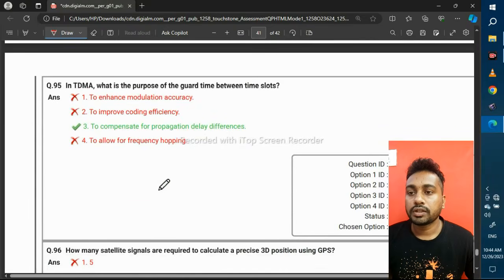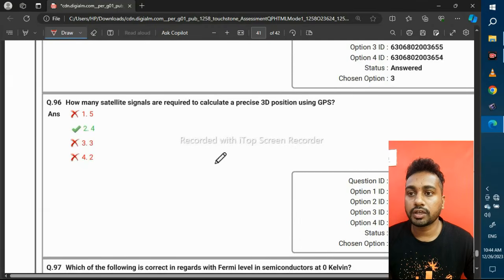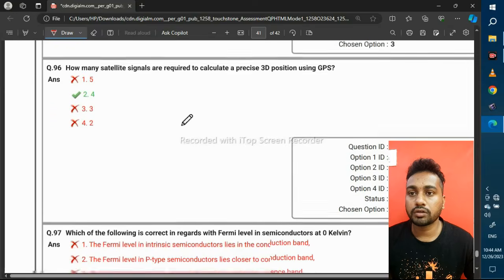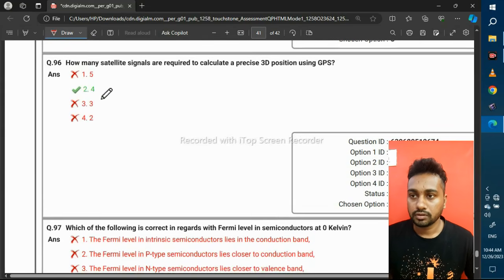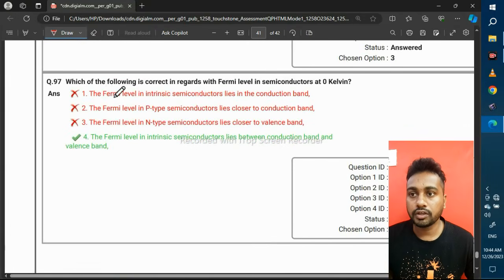In TDM, what is the purpose of the guard time between time slots? To compensate for the propagation delay difference. This is right only. How many satellite signals are required to calculate a precise 3D position using GPS? So 4 satellites we need. Which of the following is correct in regards to the Fermi level in a semiconductor at 0 Kelvin?